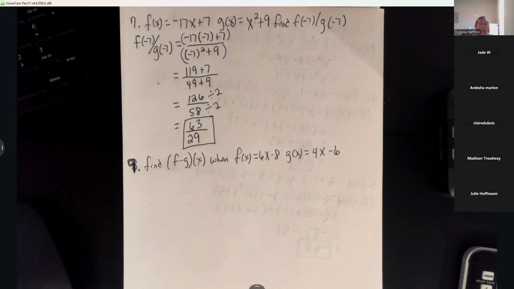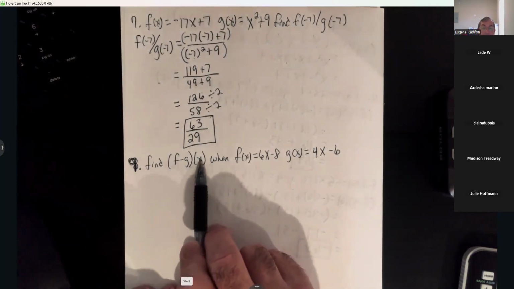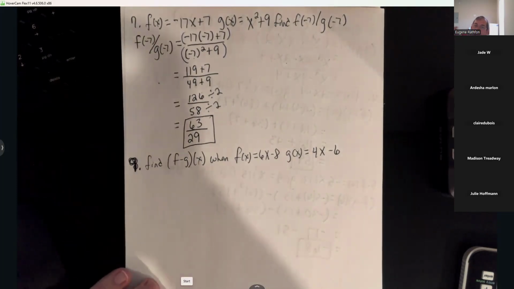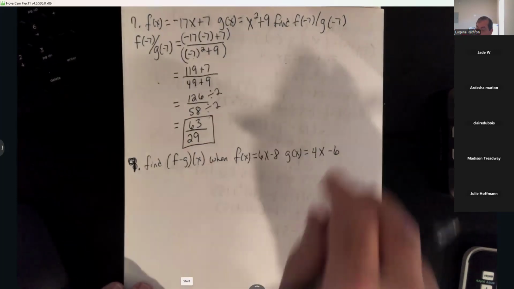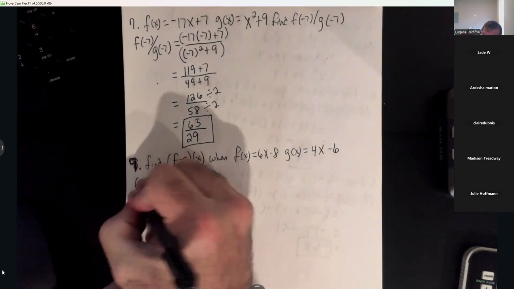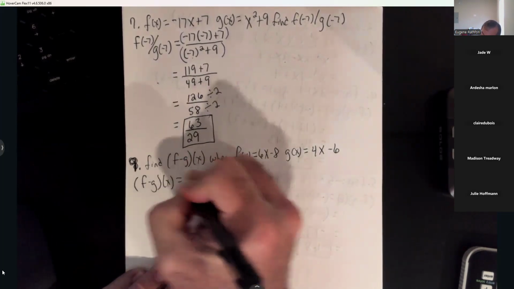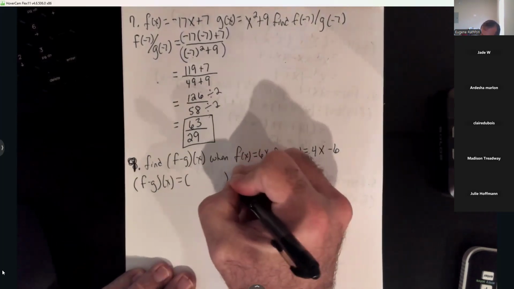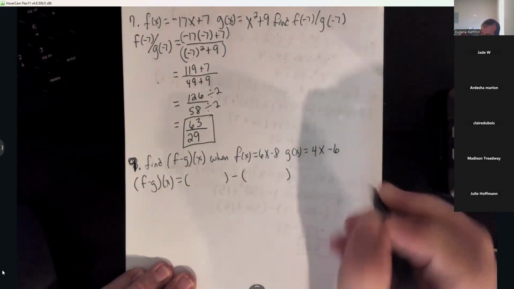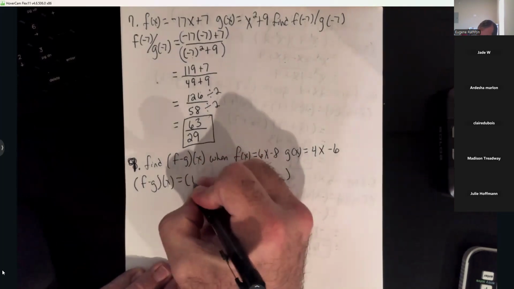All right, y'all, so here we got subtraction. And they're not giving me a number to put into this one. So it's going to be a little different than the subtraction when I did have numbers, okay? So here we go. f minus g of x will equal my f minus my g. Well, my f is 6x minus 8.